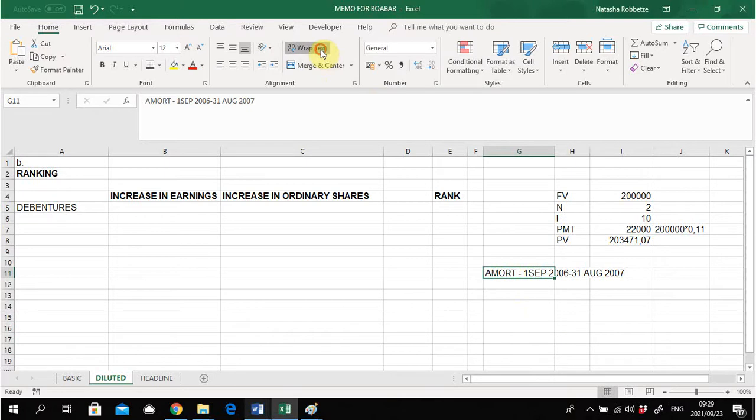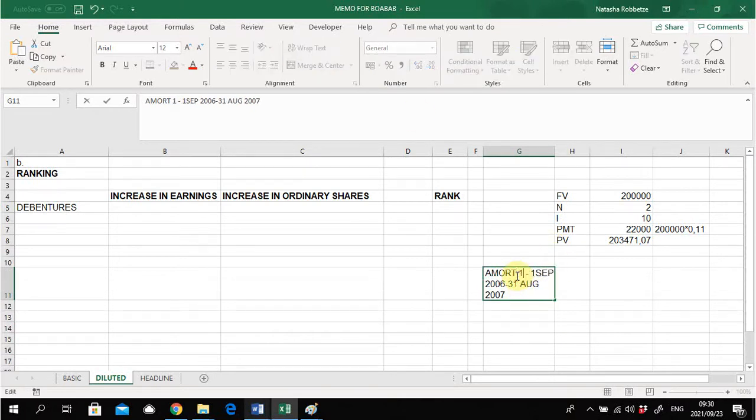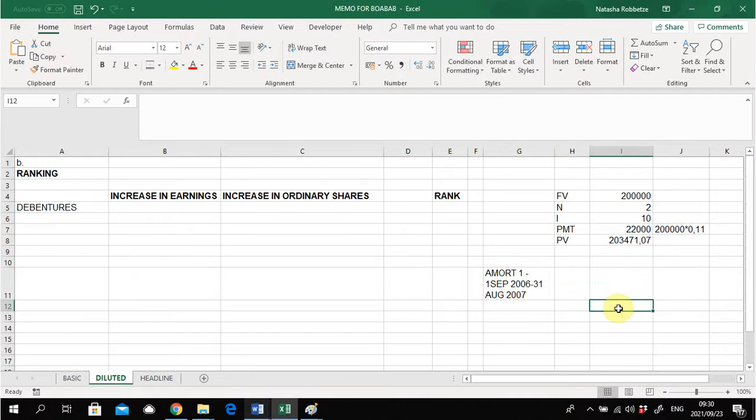That's the time period for amort 1 on your calculator, because the years run differently for the debenture issuance. So if I go to amort 1, the interest that I see there on my calculator is 23,471 and 11 cents.